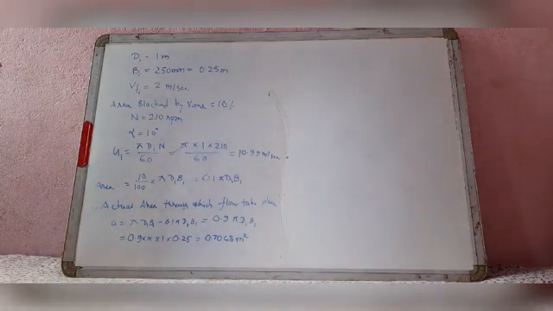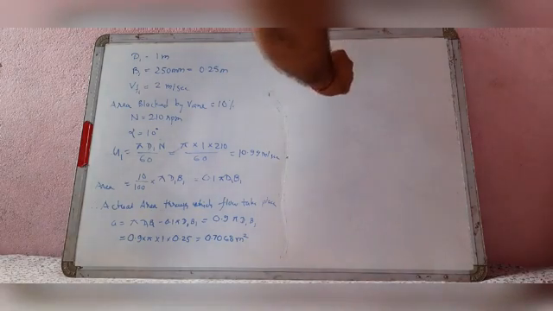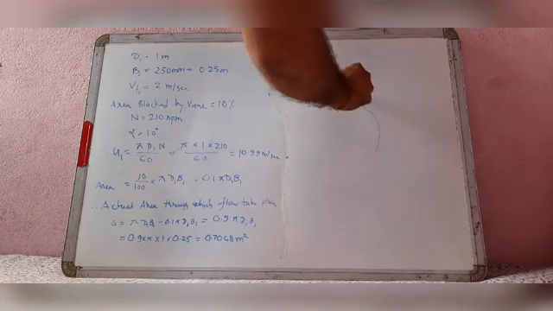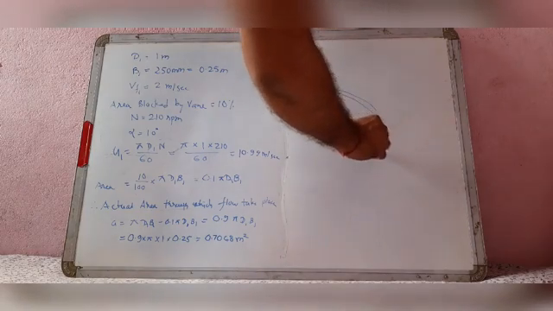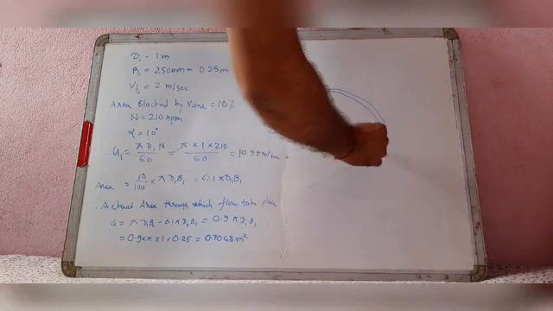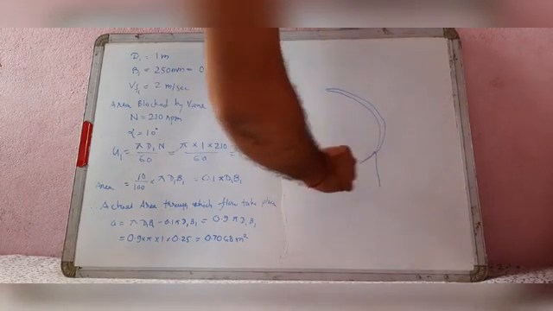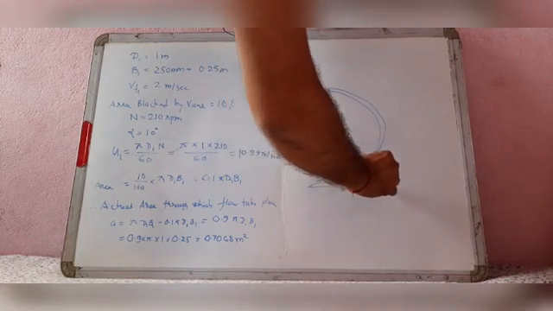So mass of water passing per second we have to calculate, and the velocity diagram of this turbine inlet triangle. This is the inlet triangle.